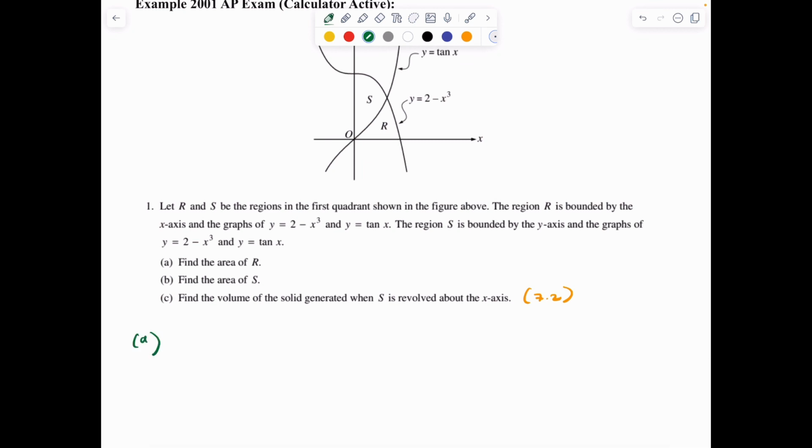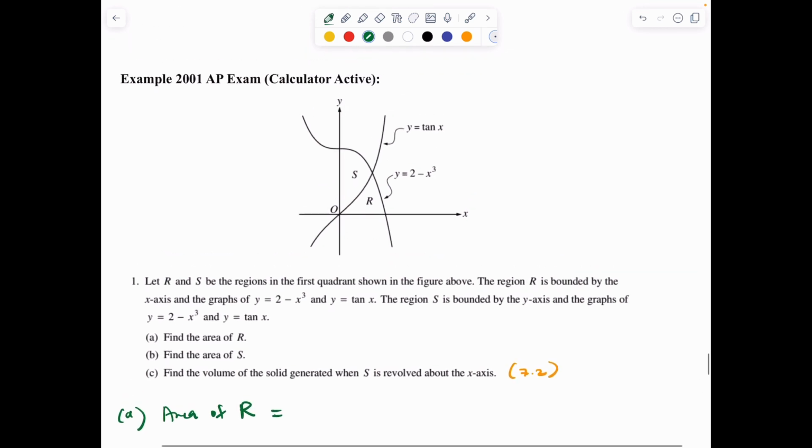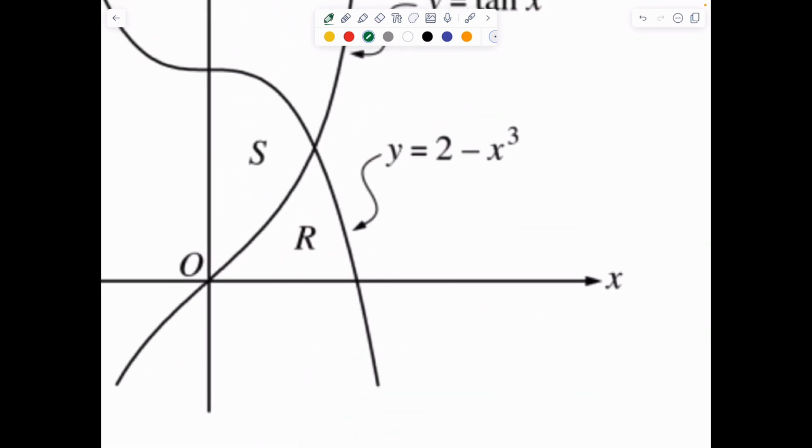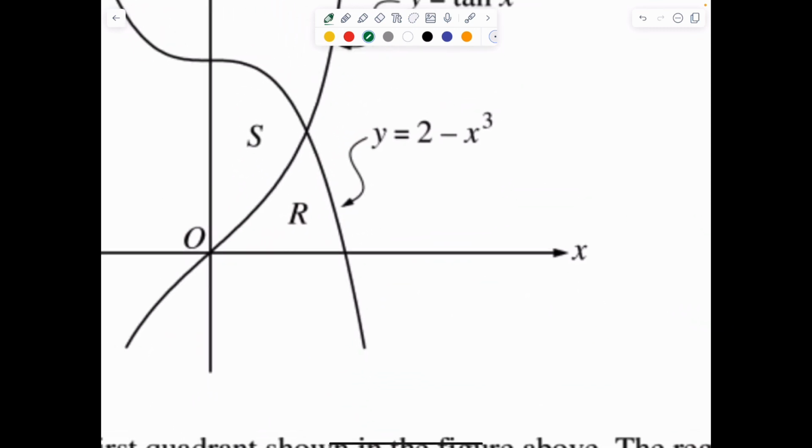Okay, so part A, when we want to find the area of region R, which is bounded by the x-axis, we can find this point of intersection and think about splitting region R into two sections.